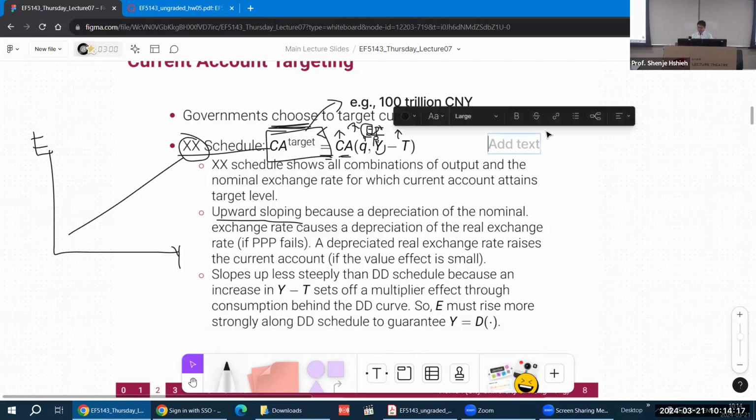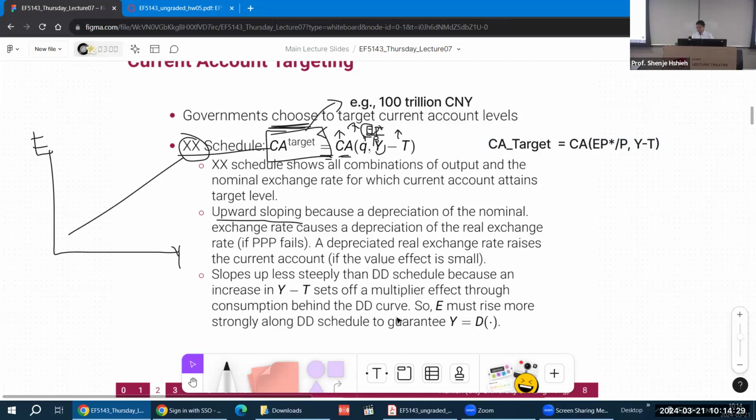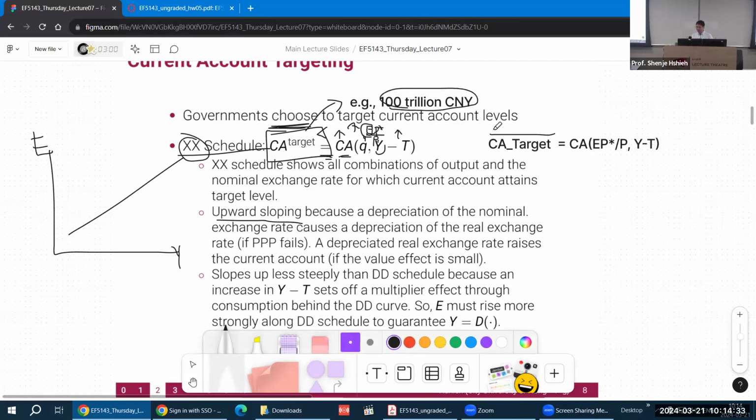So I'll write it again just to say it again. Imagine we have CA target equals CA(Q = EP star over P, Y minus T). If we have this fixed at perhaps this number, suppose it's a constant, if we increase E, this will increase the current account because of pass-through, in which case the entire right-hand side is now greater than the left-hand side. That's not good because we exceeded our target. We're not saying more is better.